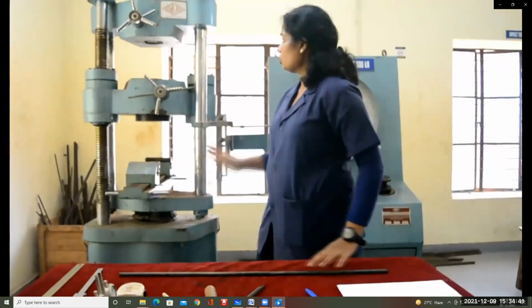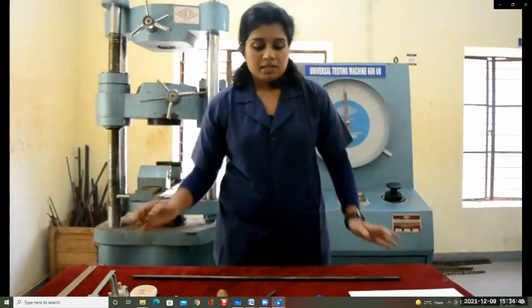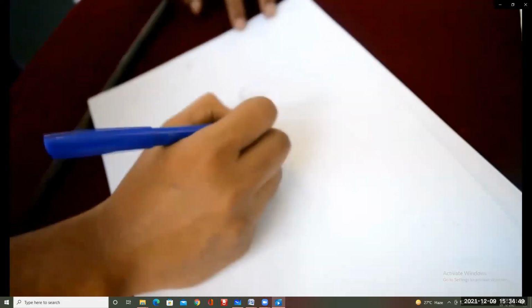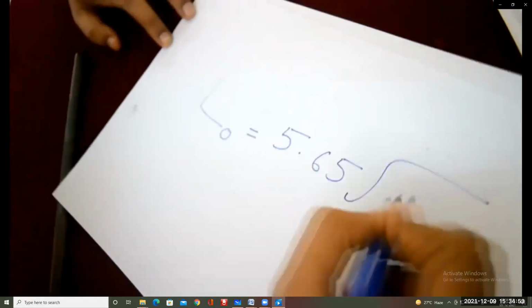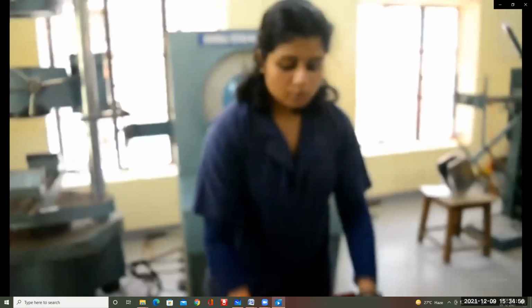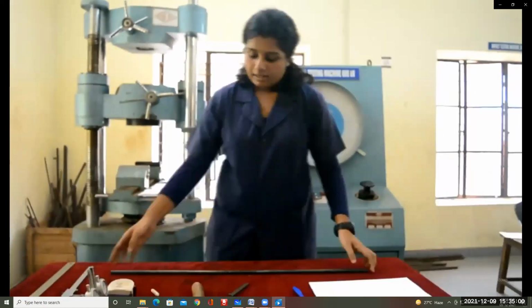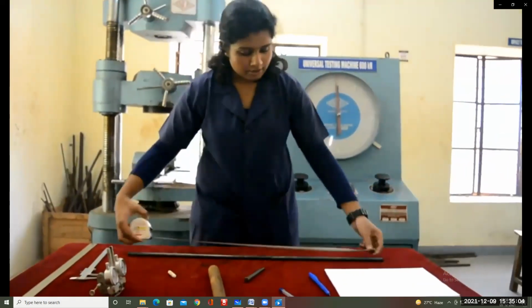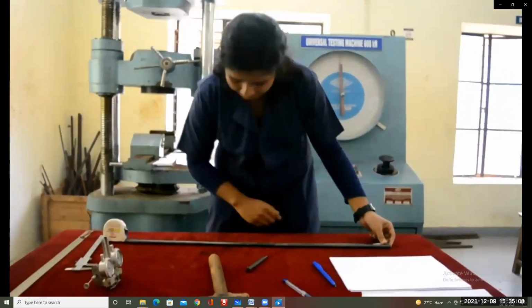Before placing the rod in the machine, we have to mark the gauge length on the rod. Gauge length is calculated using the formula L naught is equal to 5.65 root A naught. Suppose we get a 6 centimeter gauge length. First we measure the total span of the rod and mark its midpoint.